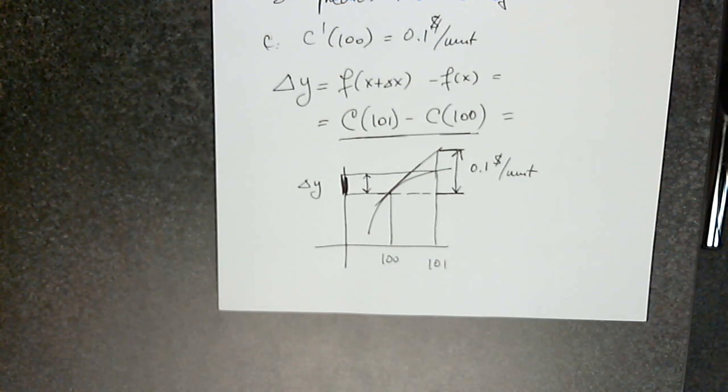So 920, no, it was plus 2 times 100. Minus 0.02 multiplied by 100 squared, and then plus 0.00007, I think I'm correct, times 100 to the third power. Now I repeat what I just did, but change 100 into 101.